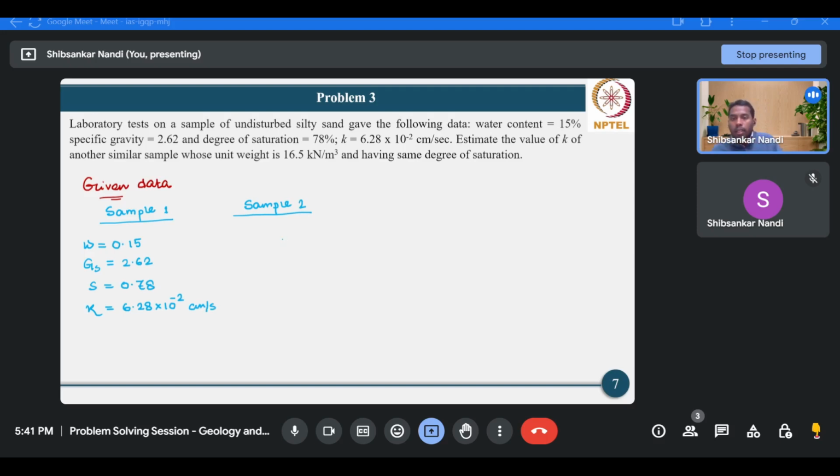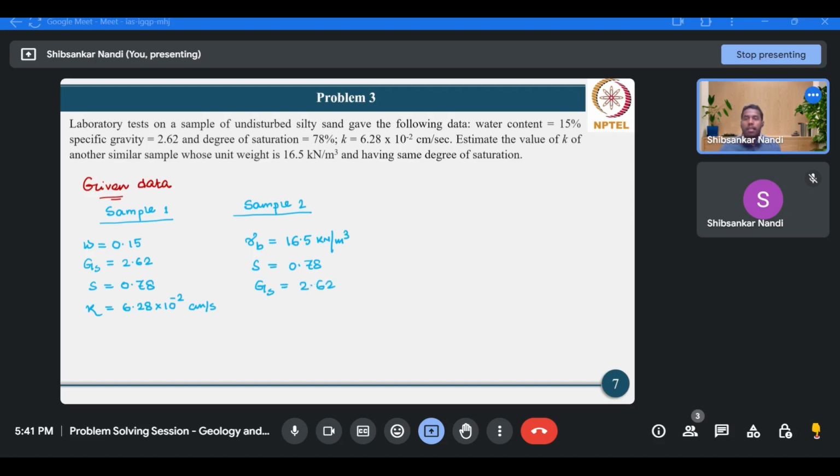Now what are the data given for sample 2? Only the bulk unit weight gamma B is given as 16.5 kilonewton per meter cube, and it's having the same degree of saturation, that is S remains constant for both sample 1 and sample 2. So it's 0.78, and you can take the specific gravity value also the same.